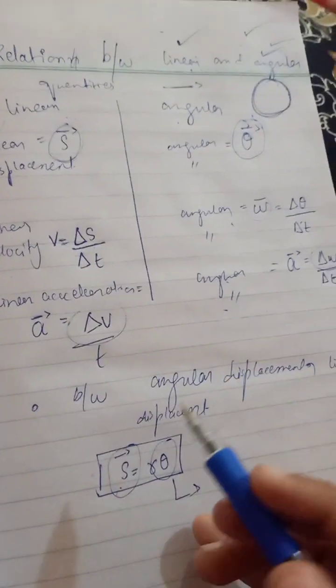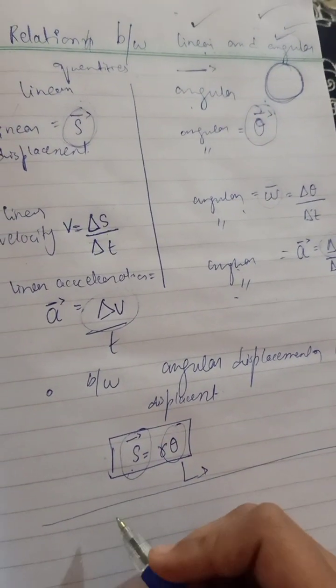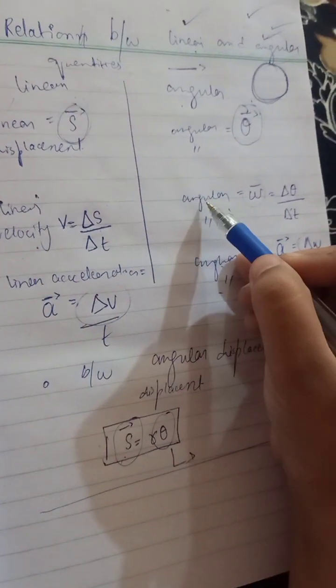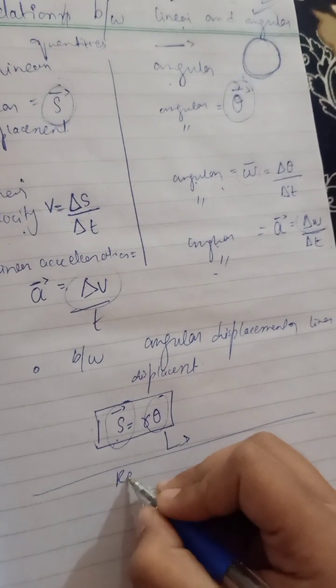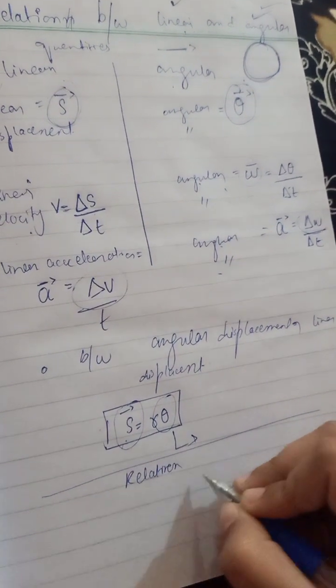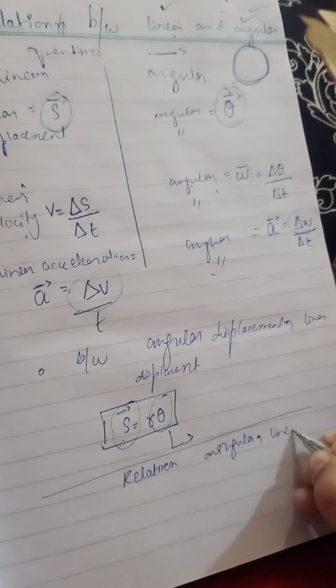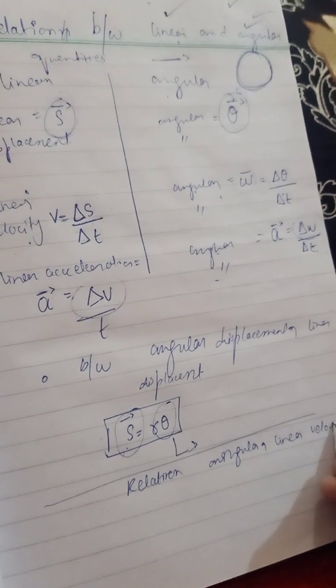Now the next relation we are going to discuss is between the angular and linear velocity.